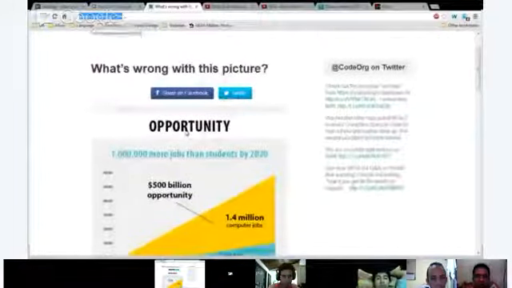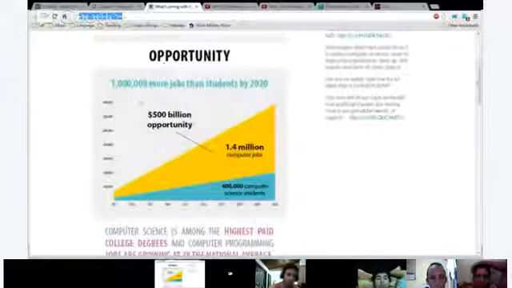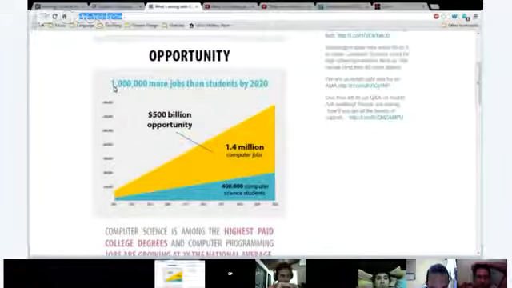It says, what's wrong with this picture? Opportunity. Here's a chart, and it says 1 million more jobs than students by 2020. What it's saying is that by 2020, if you look at the bottom line, there will be 1.4 million computer jobs, but only 400,000 computer science students.